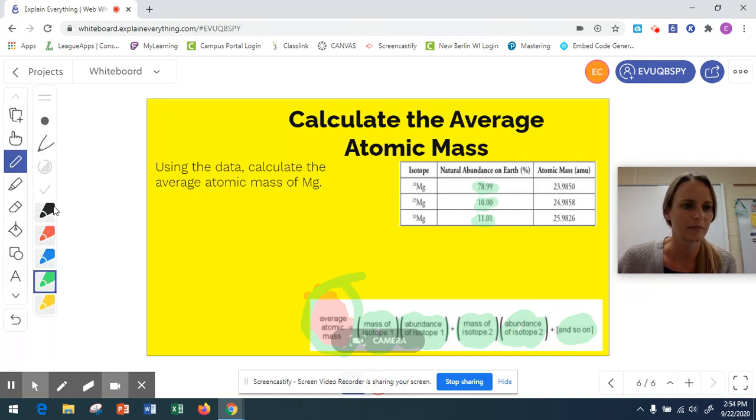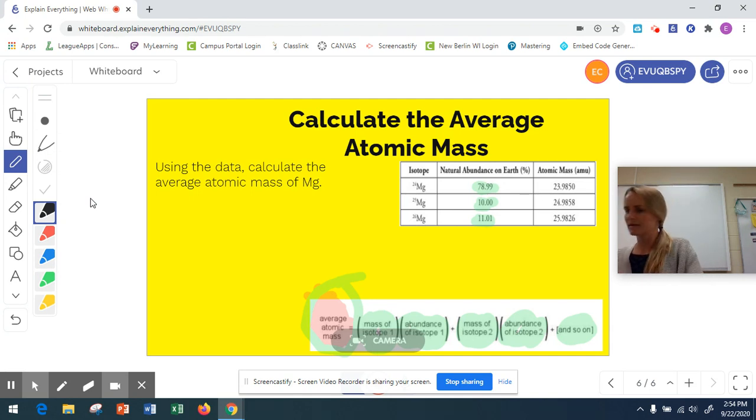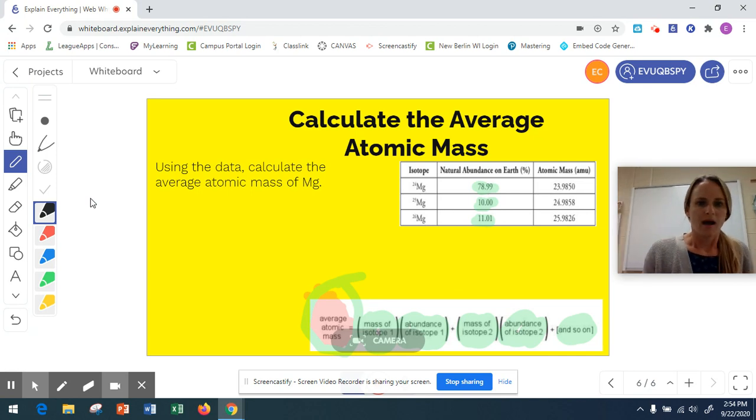So let's do this example. And I've already written out the numbers, so let me just grab that data so I can go through it a bit quicker for you. It says using the data, calculate the average atomic mass of magnesium. And we're given this data, which is also from the graph on the previous slide.